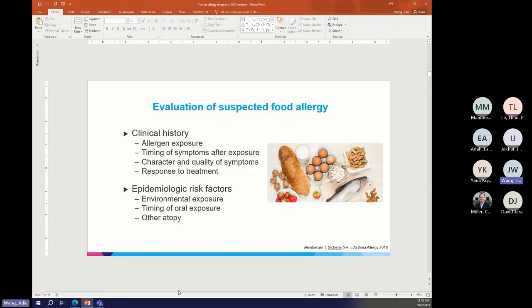Helpful details in terms of food allergy history include timing of exposure, timing of symptoms after exposure, the character and quality of the symptoms that the patient experiences, as well as response to treatment. Remember, IgE-mediated reactions generally occur quickly, within about 2 minutes to 2 hours of exposure, and allergies are reproducible in terms of triggering symptoms.